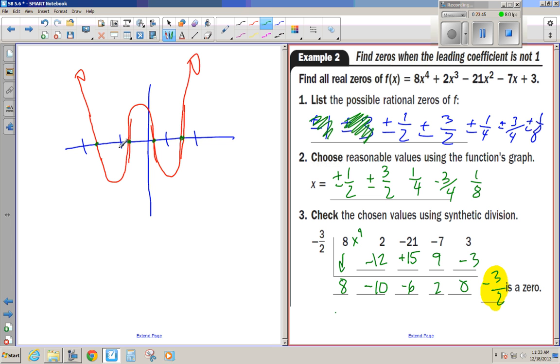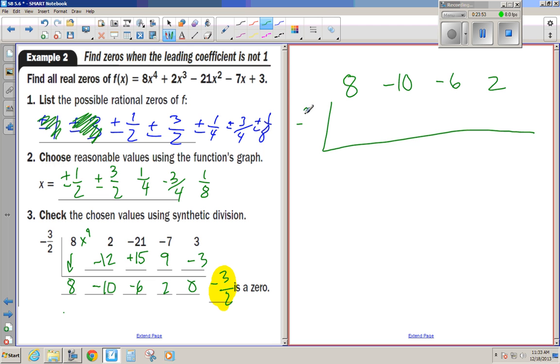Let's try negative 3/4. Drop down the 8, multiply, add, multiply, let's see here, 12, then 6.